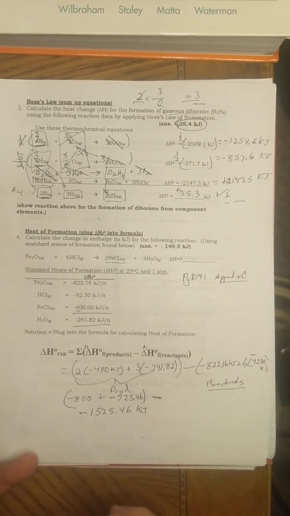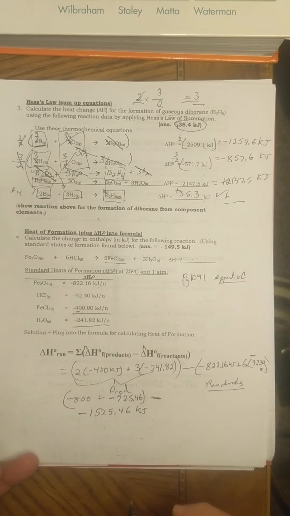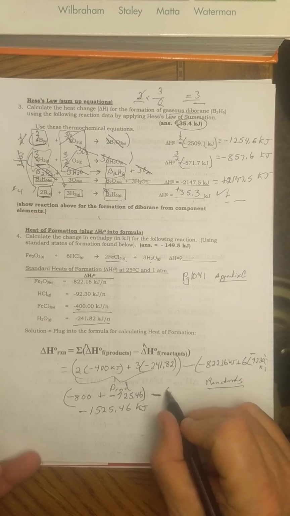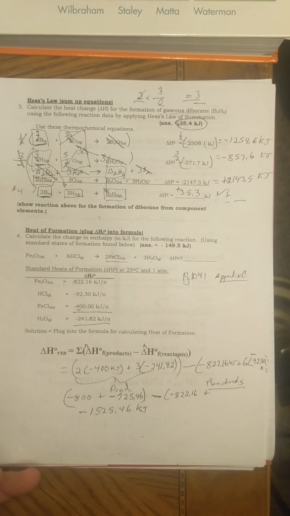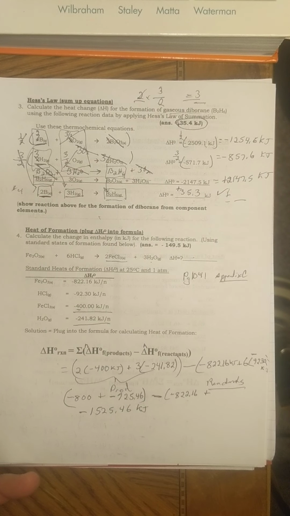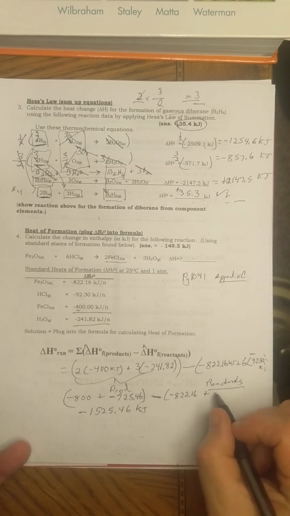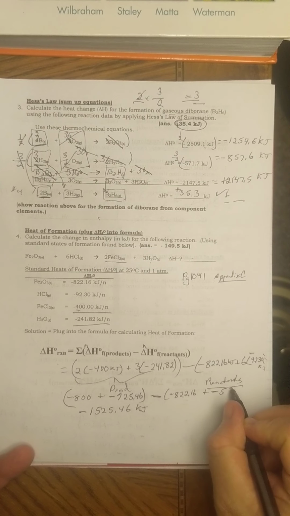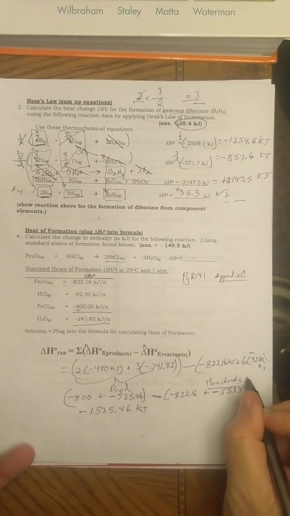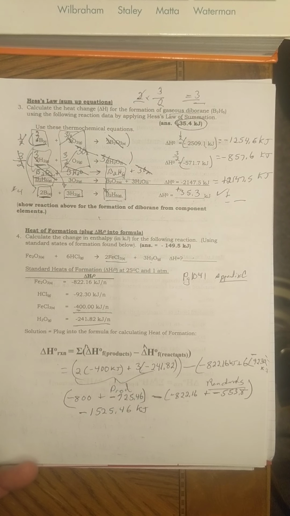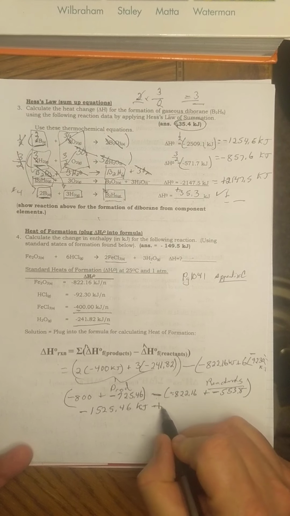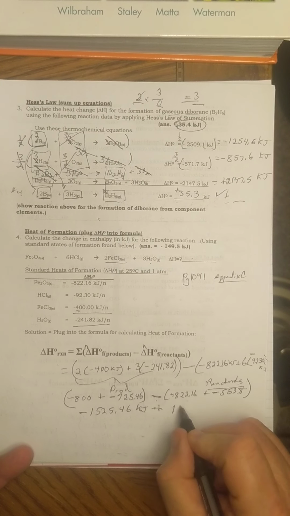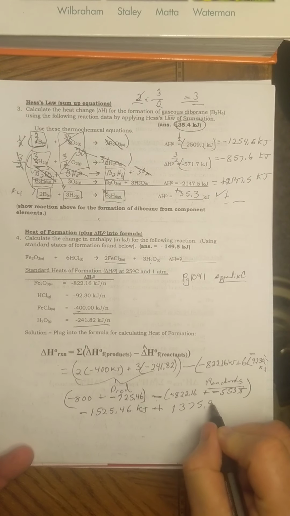Then I'm going to subtract that from the reactants. 92 is negative. So I got negative 822.16 plus that's negative 553.8. Sum those up. I'm getting now minus a negative becomes a positive, so it becomes 1375.96.